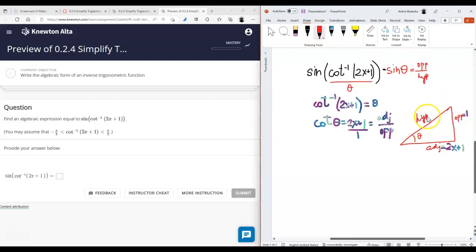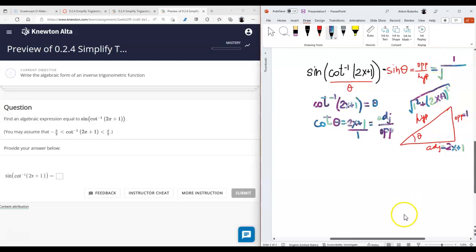So how do we know what the hypotenuse is equal to? Hypotenuse will be equal, by the Pythagorean theorem, to the square root of the sum of the squares of each of those sides. So the hypotenuse will be equal to the square root of 1 squared plus (2x plus 1) squared. That's it. So now we have our opposite, 1, and we have our hypotenuse.